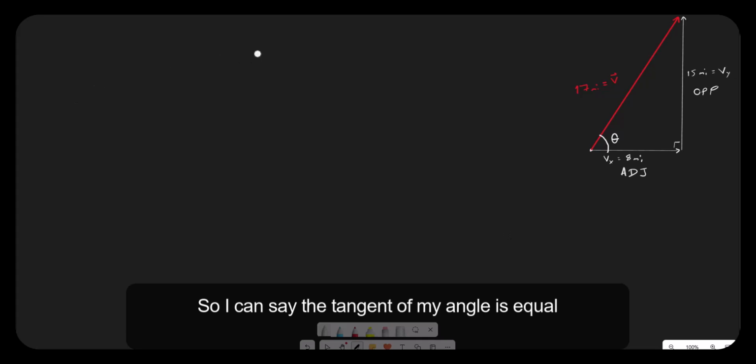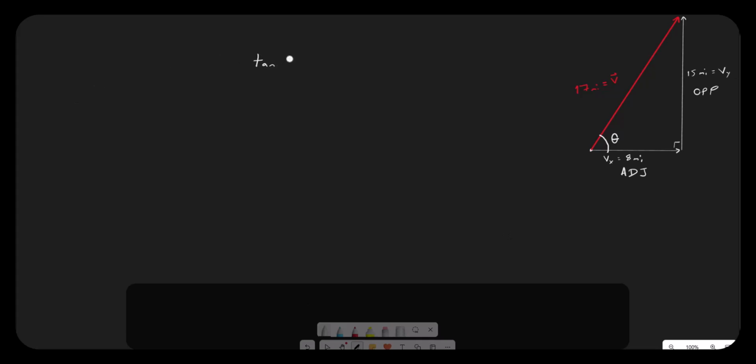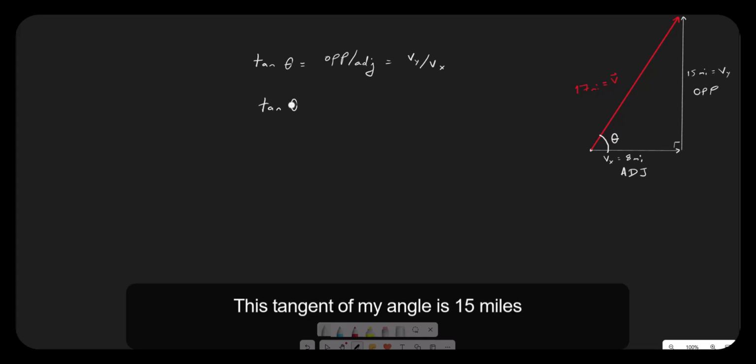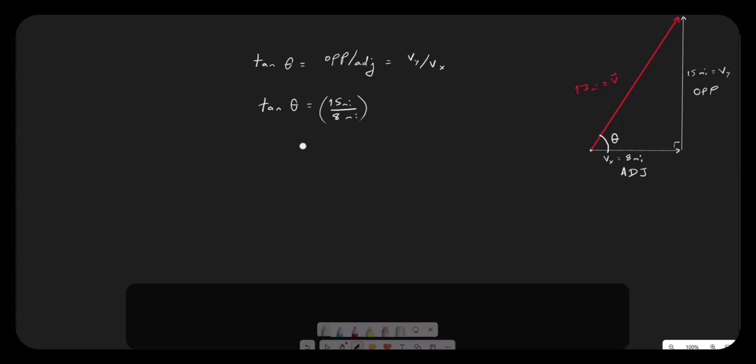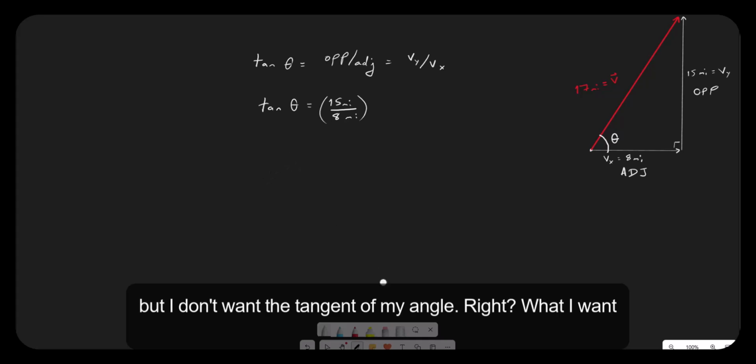So I can say the tangent of my angle is equal to opposite over adjacent. So it's equal to Vy over Vx. Tangent of my angle is 15 miles over 8 miles. But I don't want the tangent of my angle, right?